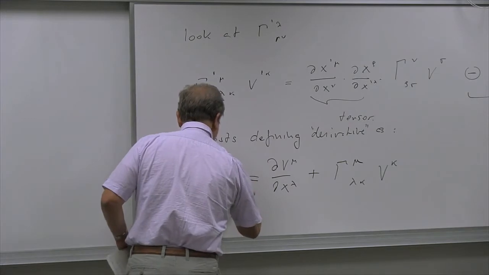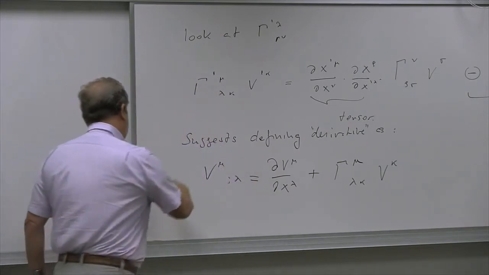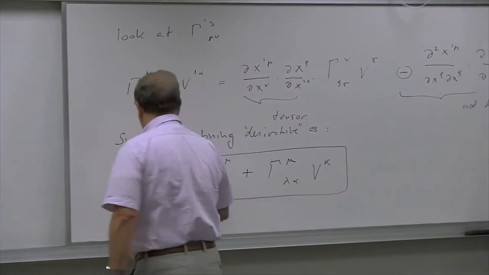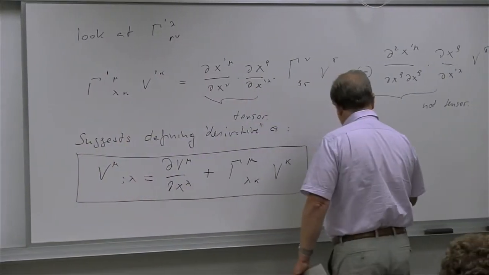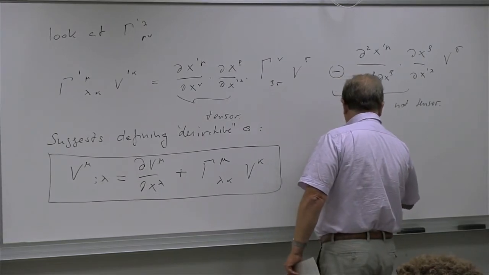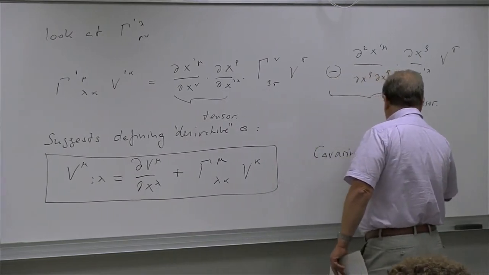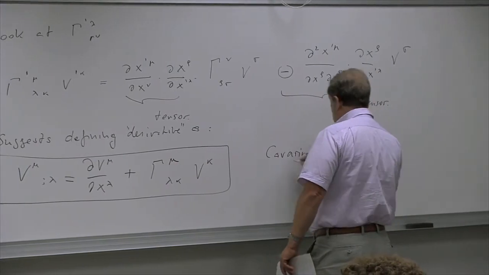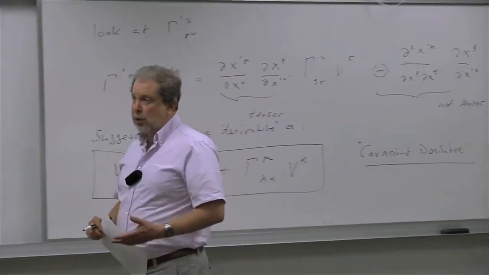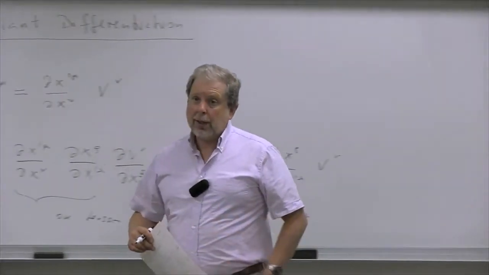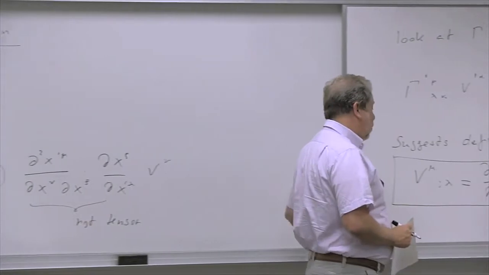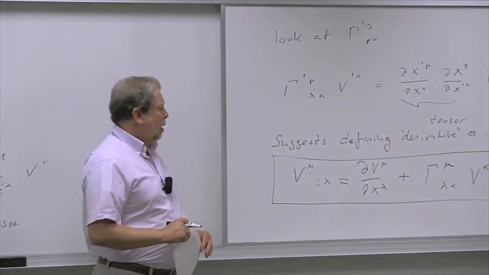And so this is the definition of a derivative of v mu, and it is denoted by the semicolon symbol, and is called the covariant derivative. It's called a covariant derivative because now it is covariant in the sense that it is a genuine tensor. It is a two-index tensor which transforms in the appropriate way.